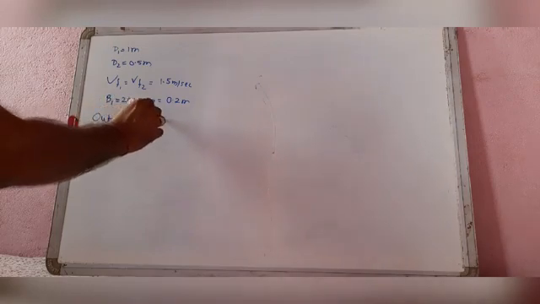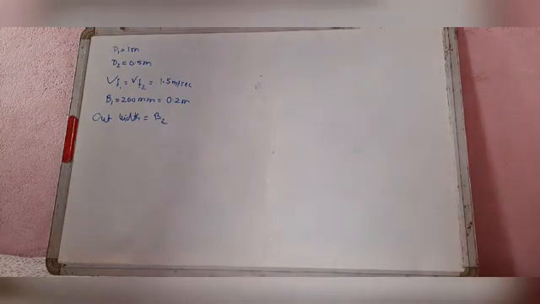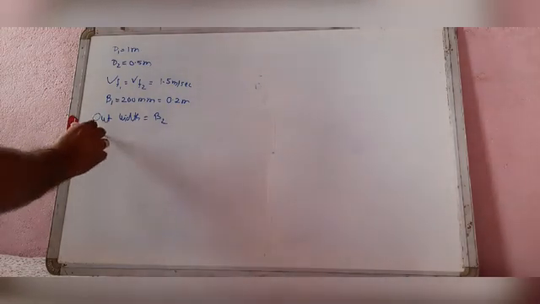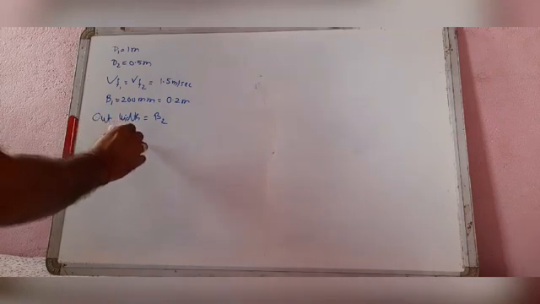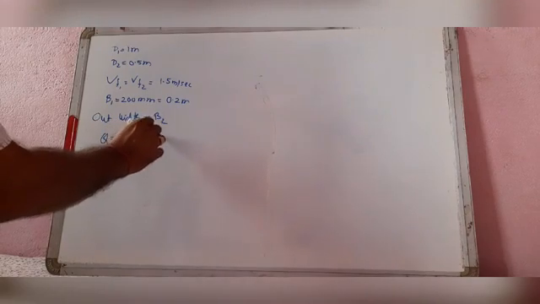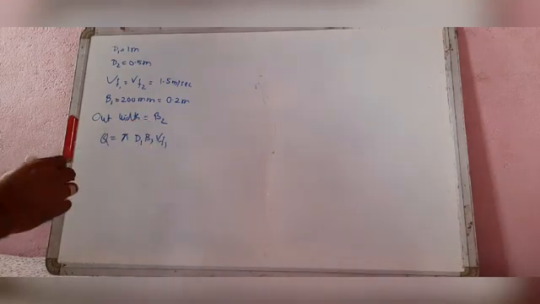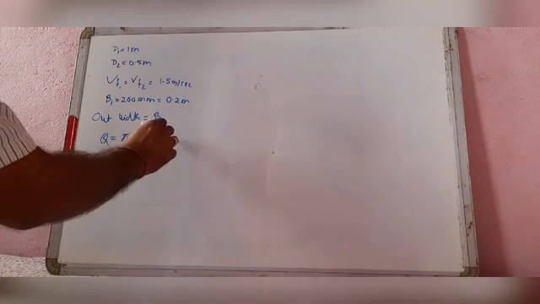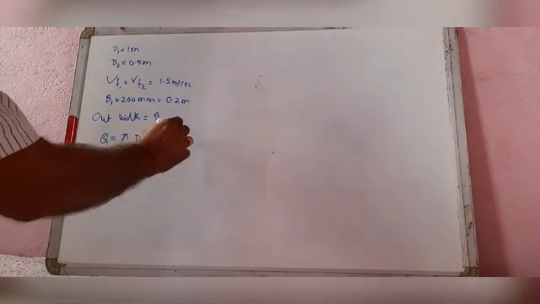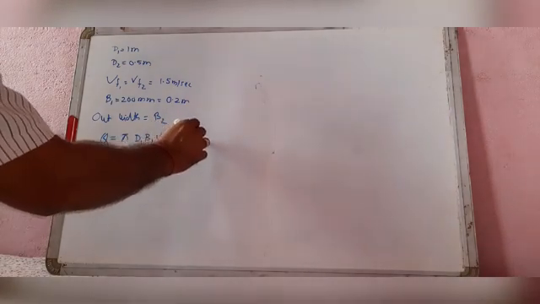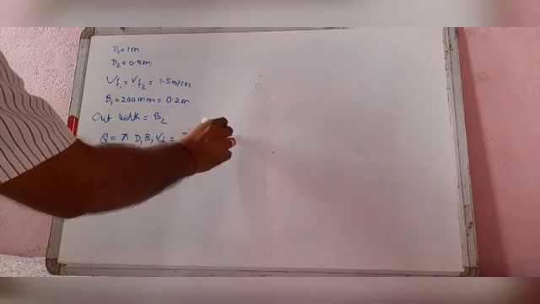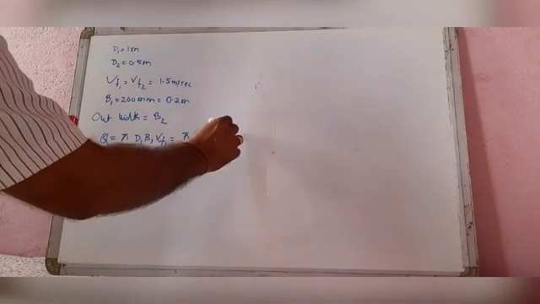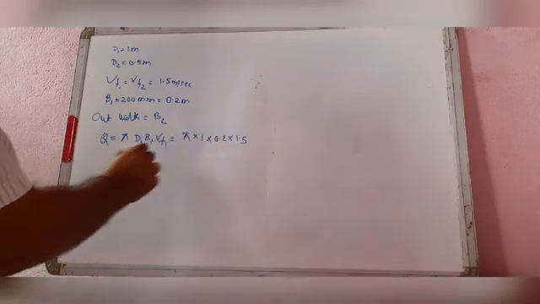Then Q equal to pi D1 B1 Vf1, equal to pi into 1 into B1 is 0.2 into Vf1 is 1.5.